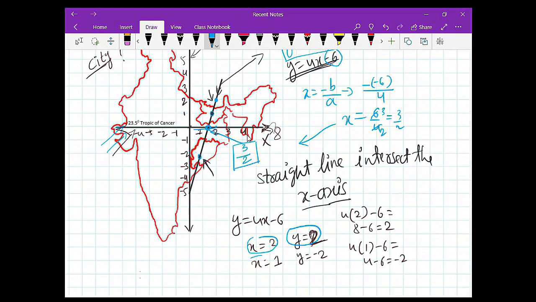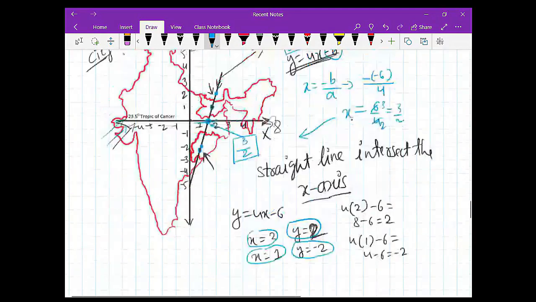The second point, when x equal to 1, y will be minus 2, and the point lies here. These 2 points lie on this line, and we are able to join the points and draw a straight line. That is the way Ashoka moves along this line.